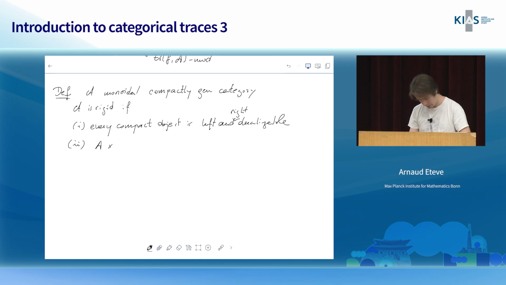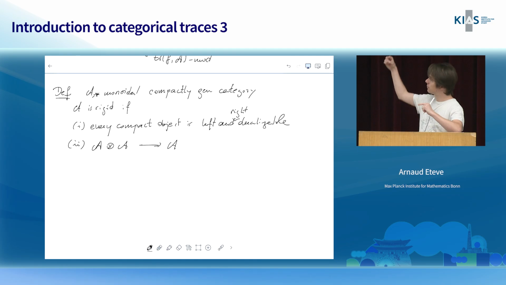So you can look at the multiplication map. Let me write the tensor operation on A as a convolution to distinguish it from the tensor of categories.